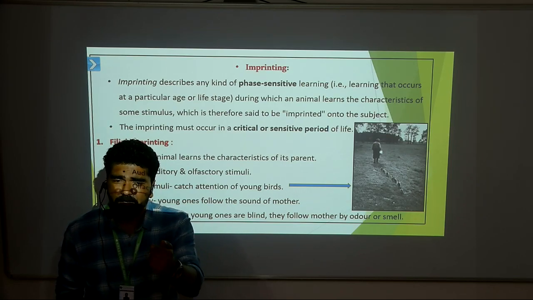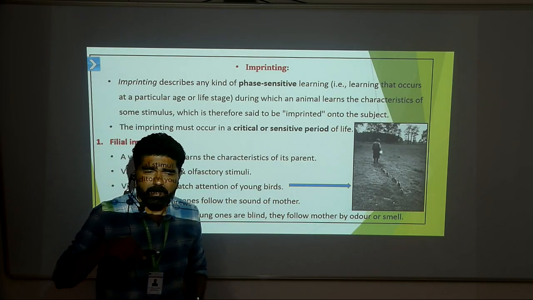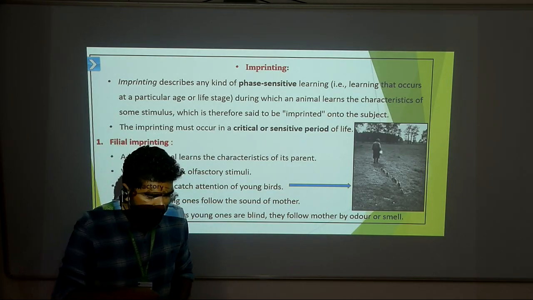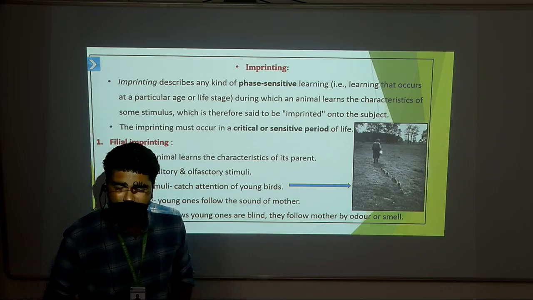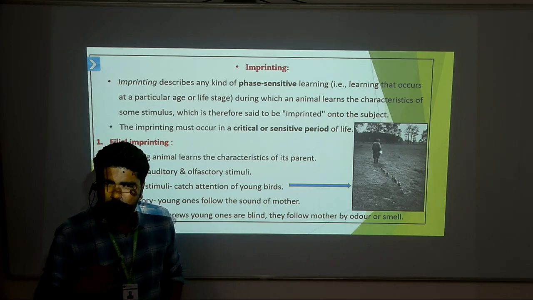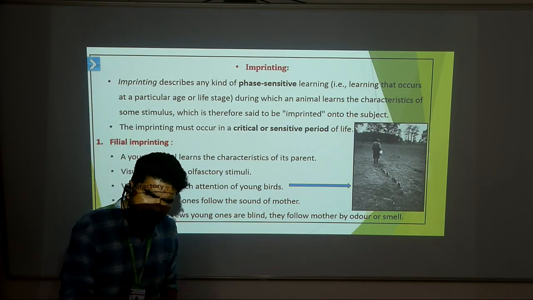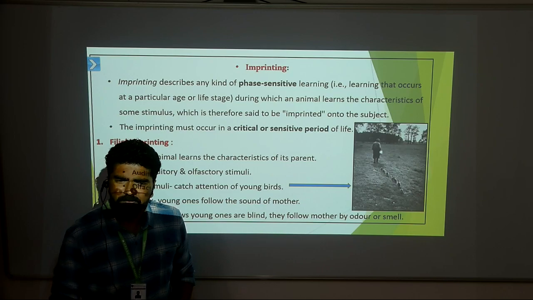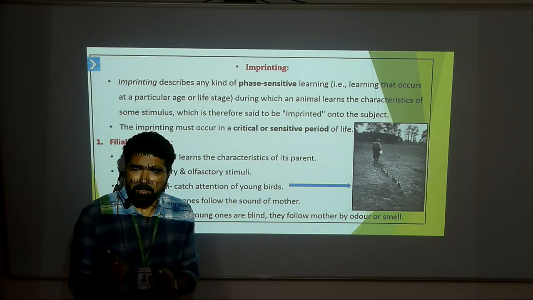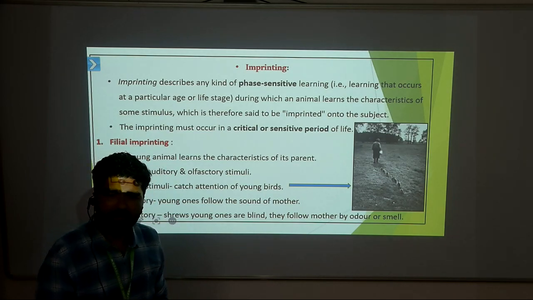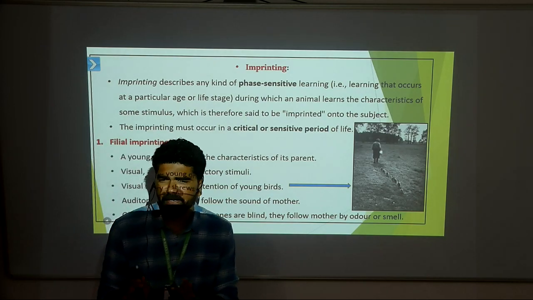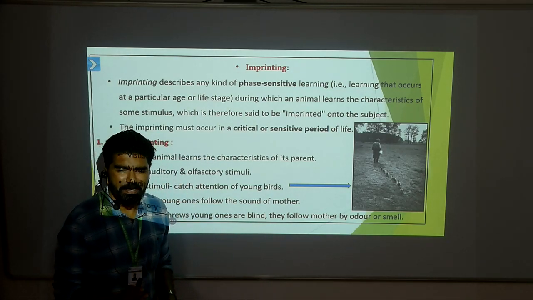When the scientist walked in his lab, the trail of ducklings followed right behind him. Wherever he went, the trail of geese came with him. They feel that particular person or object is their parent. This is imprinting.